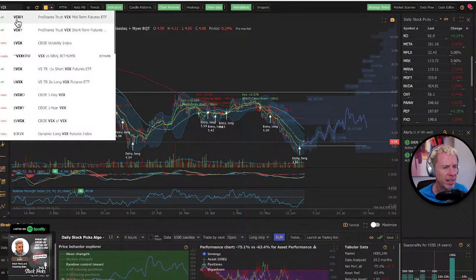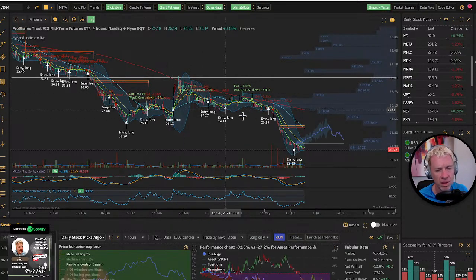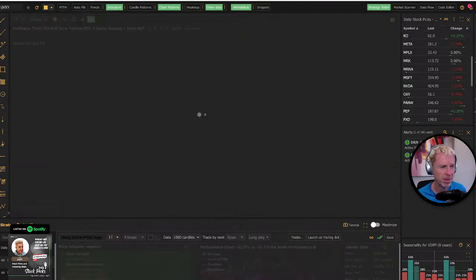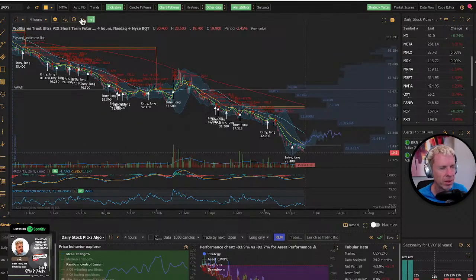Here's the VIX midterm futures. See how it's just kind of going down, but maybe that's not it. UVIXY is probably the best. UVIXY trades on the future of the VIX. Wow. Oh, UVIXY is staying.